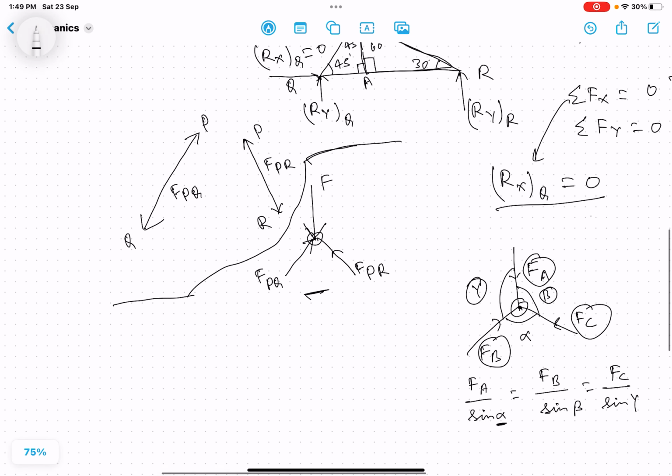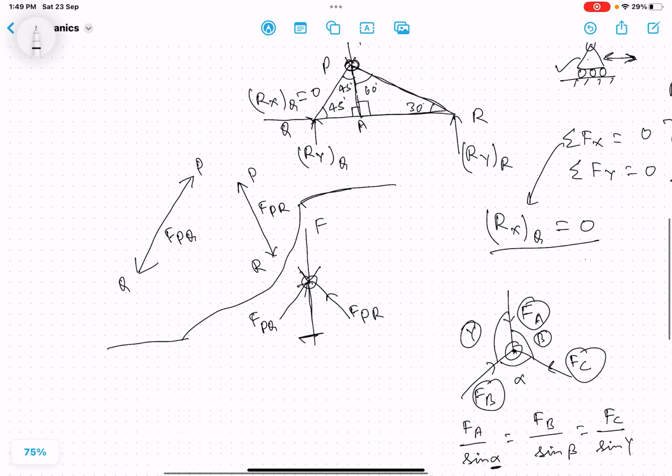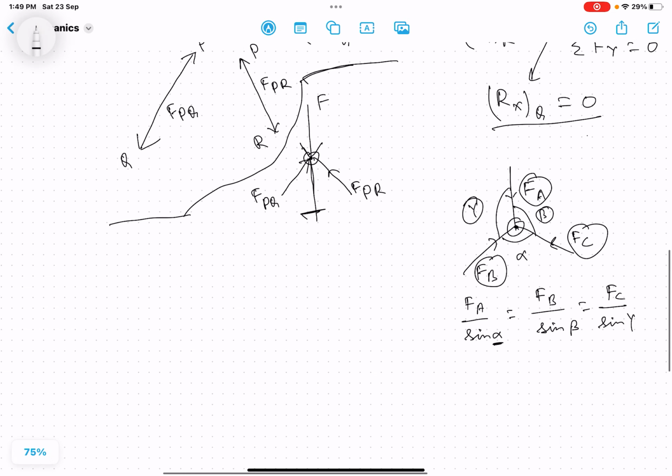So here you can see that I will redraw this figure again. This is F, this is F of PQ, and this is F of PR.